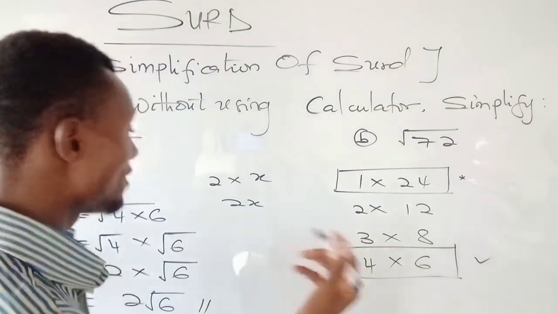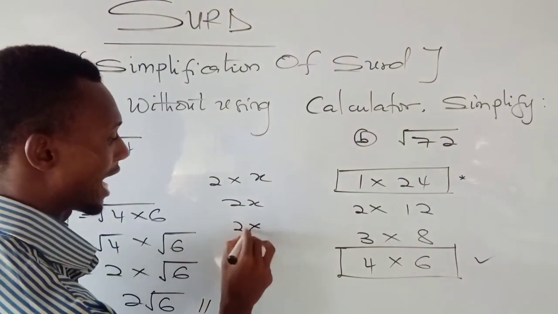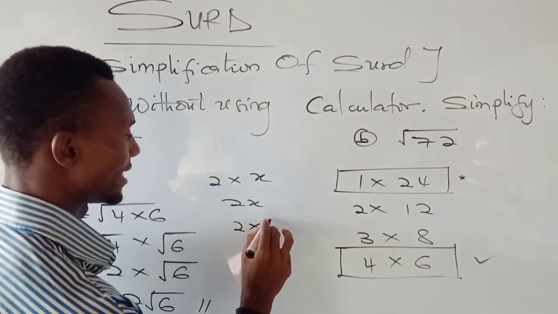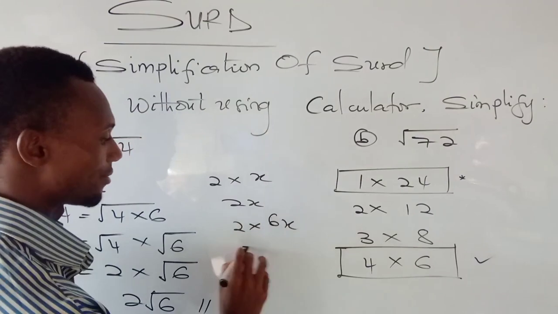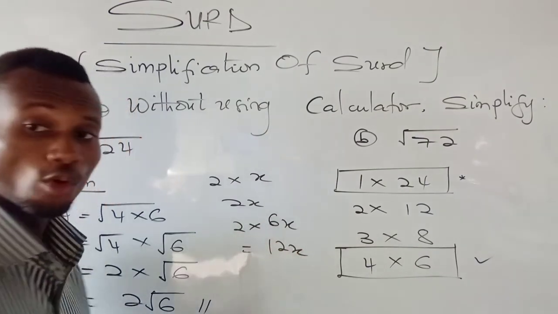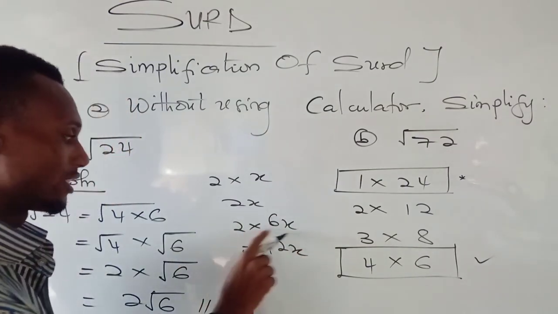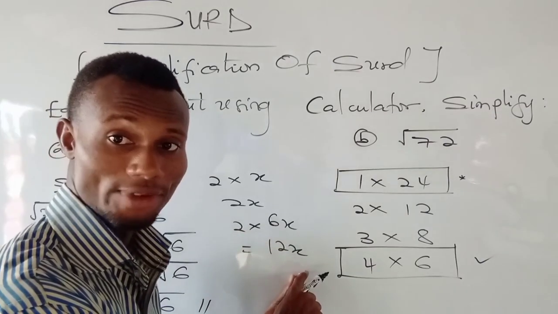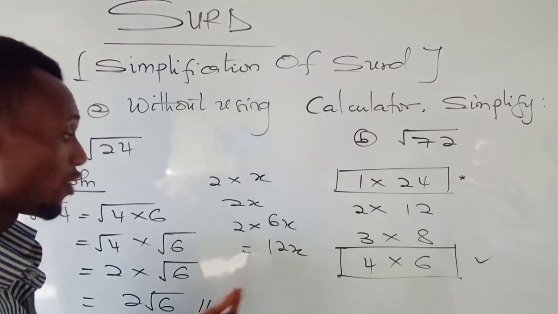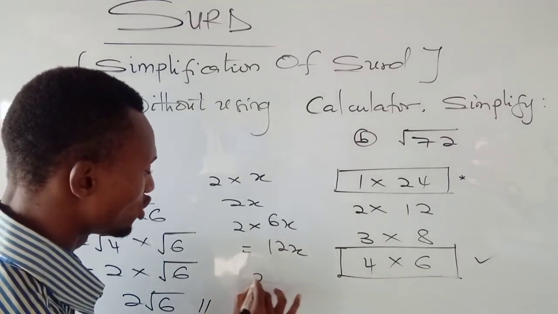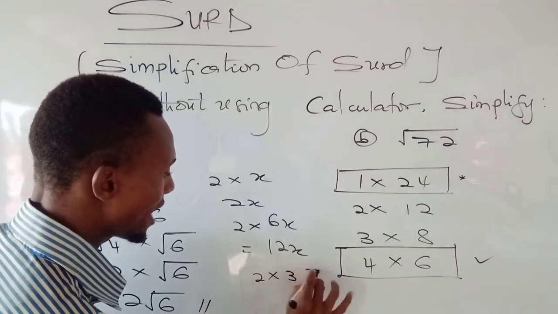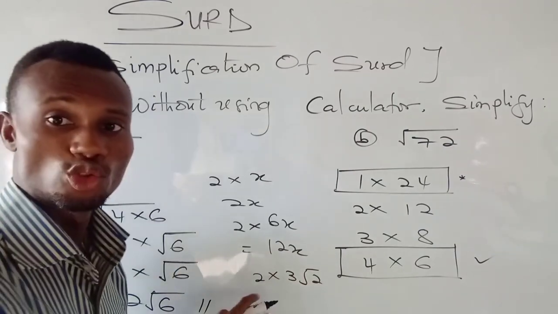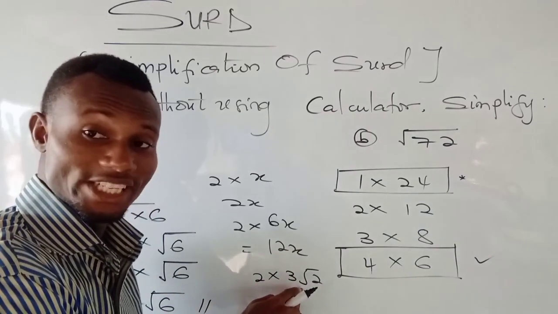Okay, so if it was to be, let's say, 2 times 6s, it would have given us 12s. Hope you agree with me. So 2 times the 6, 12. And so we are getting 12s. Okay. So if we had, let's say, 2 times 3 root 2, the 2 will multiply the coefficient of the root 2.